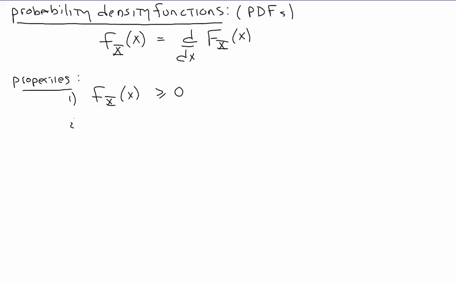Second property. If the probability density function is the first derivative of the cumulative distribution function, then I can find the cumulative distribution function by performing an indefinite integral of the PDF.